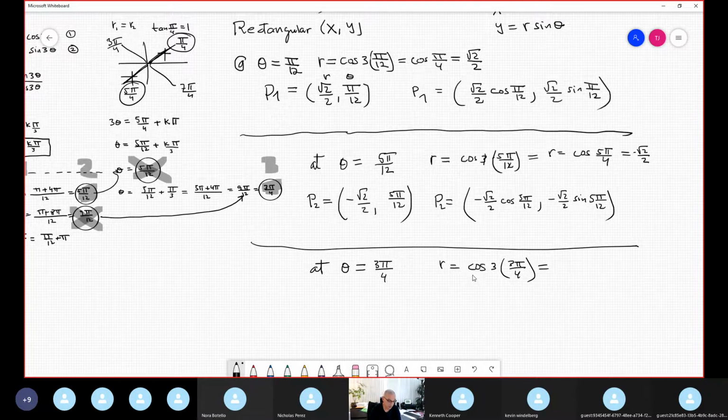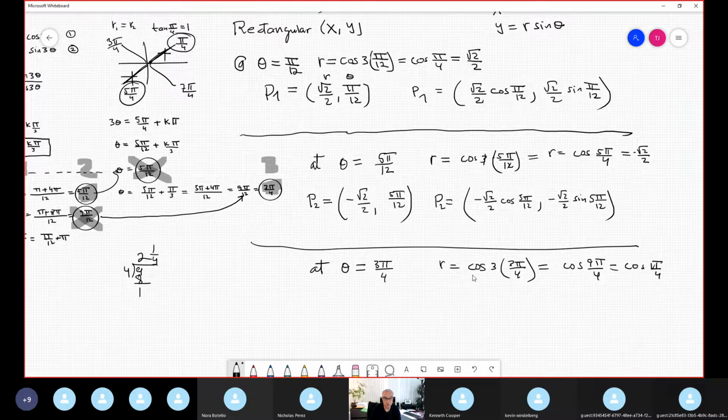In this case nothing cancels, it's 9 pi over 4. It's cosine 9 pi over 4. But 9 pi over 4 lies in the first quadrant, so it is equivalent to cosine pi over 4. Because 9 divided by 4 is 2 with remainder 1, so 2 and 1/4.